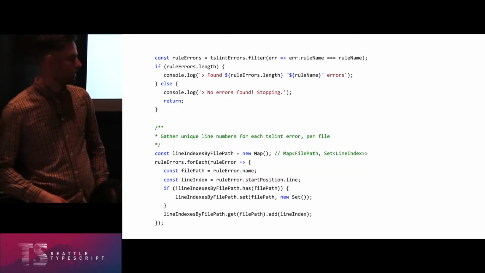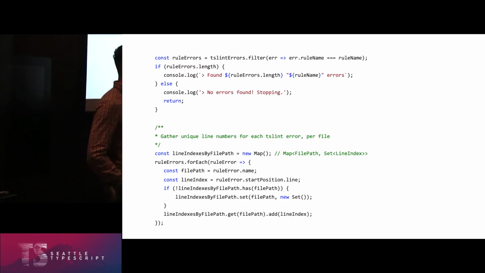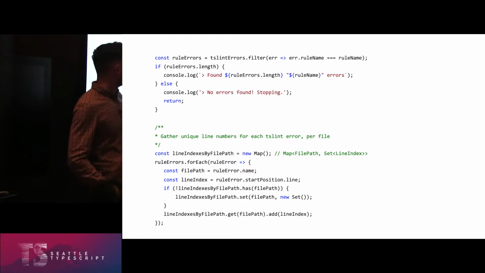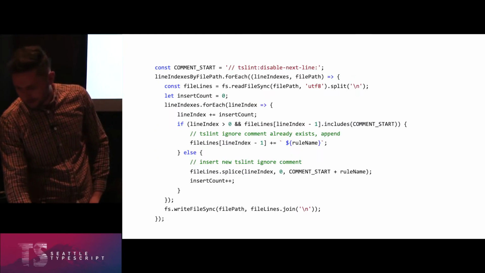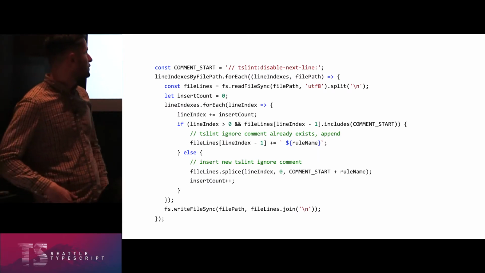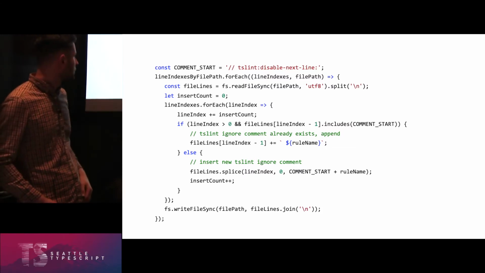Here, basically, it's making a map with the file path and the set of lines where the errors occur. So you may have multiple errors in the file, obviously. And he then takes this map and inserts the disable comment. In the first line, you see the disable comment for the next line.